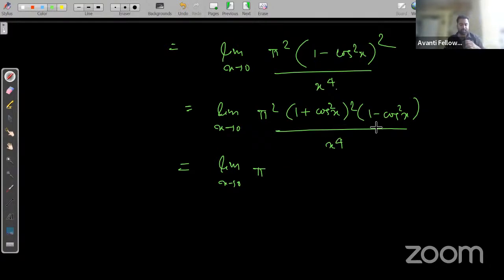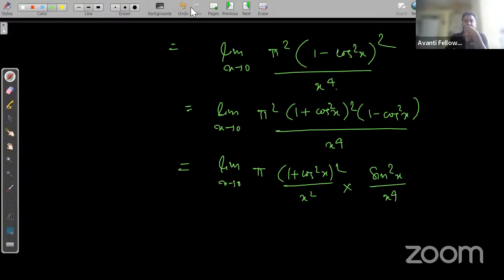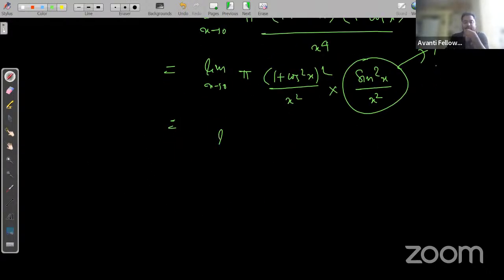So this will be 1 plus cos square x whole square into sine square x by x square, sorry, x square. So this limit becomes 1. Now this becomes limit x tending to 0 pi square into, if we put 0 here, what will happen? 1 plus, this is also 1, so 1 plus cos 0.